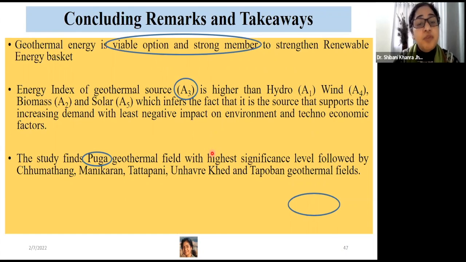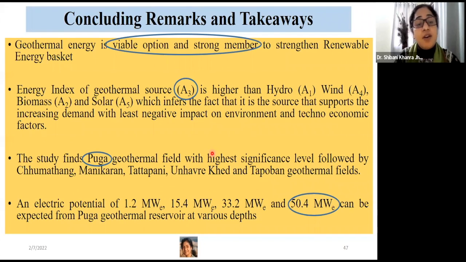It has been found that the Puga geothermal field, among all the other fields, shows very promising results with the highest significance level, followed by Chumatang, Manikaran, Tatapani, Unavadekhed, and Tapoban geothermal fields. So the initiation of the pilot plant, etc., can be taken up at the Puga geothermal field, followed by the others as indicated.